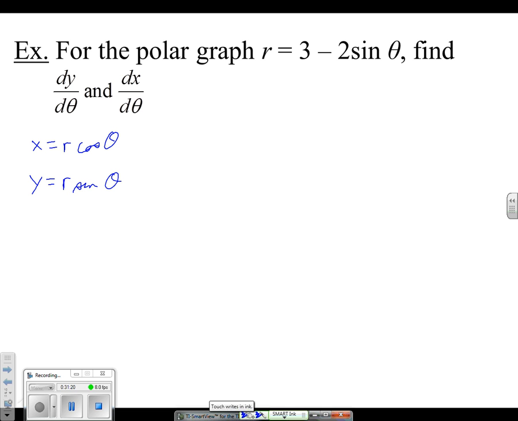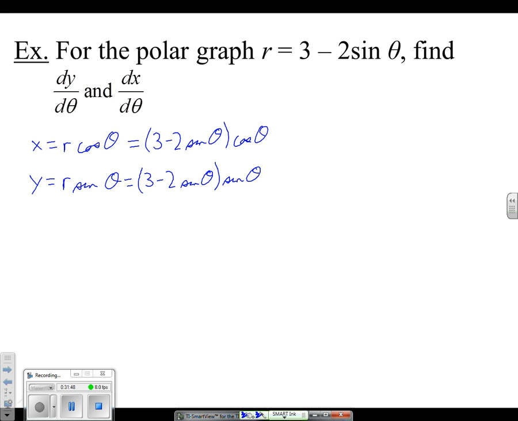But we also know that we're on this graph, which means that r is 3 minus 2 sine theta. And then for x, that's to be multiplied by cosine theta. And for y, that's to be multiplied by sine theta. And I guess you could simplify that, but there's not a whole lot of point.